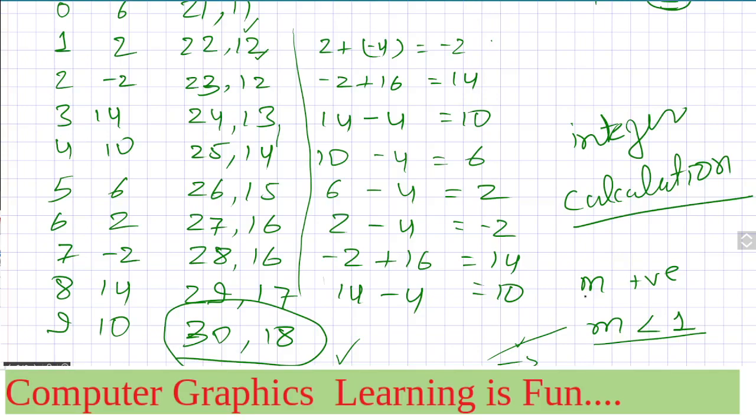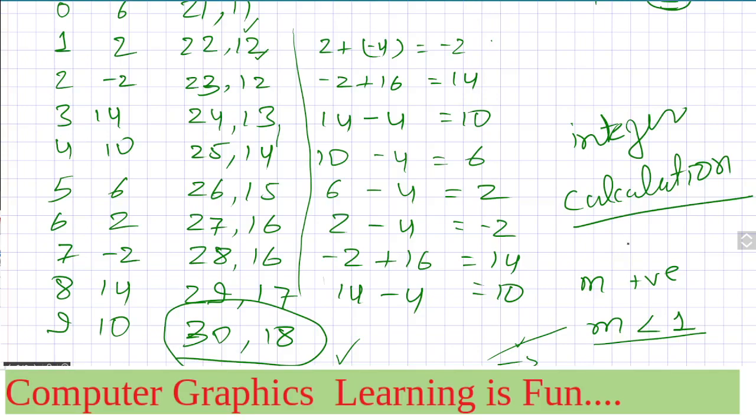Now if you think what is to be done, whatever we have learnt here can be easily generalized to all the arbitrary slopes. If the slope was positive and greater than 1, what do we have to do? We just have to interchange the roles of x and y.